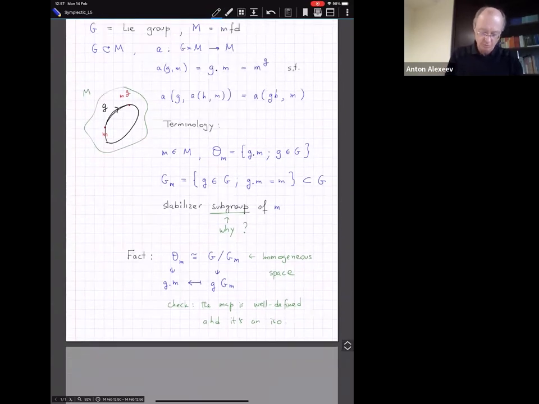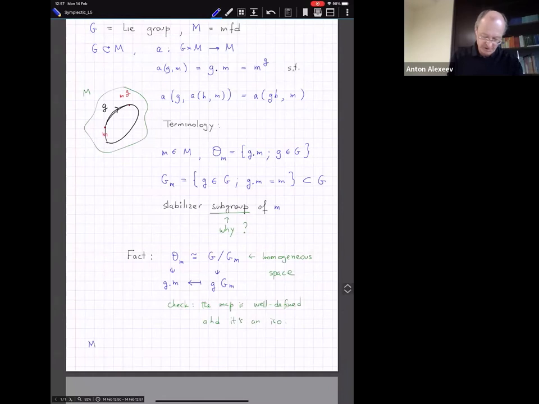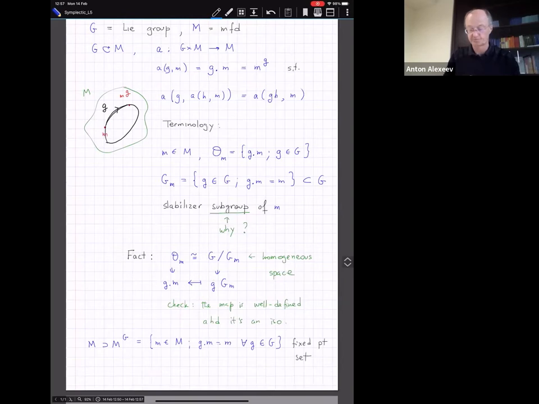And maybe one more thing. There is a subset M^G inside M. These are points of M which are not moved by the group action. So this is the fixed point set, and in many considerations it will be an important object for us.